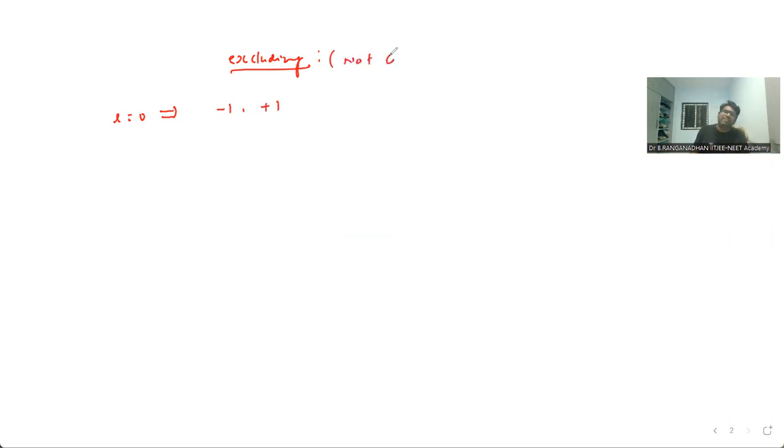If you do not consider 0, how many electrons are present? Previously 0 was considered. So how many subcells? 2 subcells. Again the spin values are plus 1/2, minus 1/2, minus 3/2, plus 3/2, that is 4 electrons. So 4 electrons into 2 subcells is 6 electrons. Therefore L equals 0 means 1s has 6 electrons.